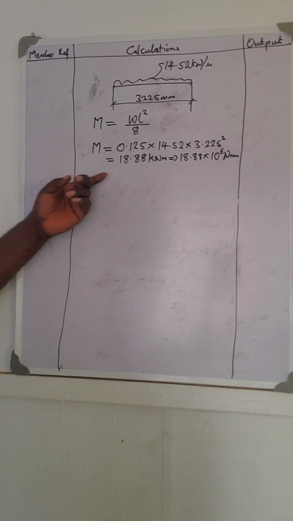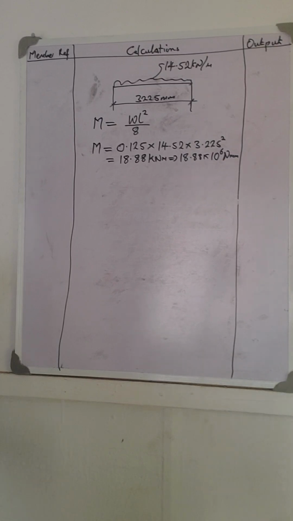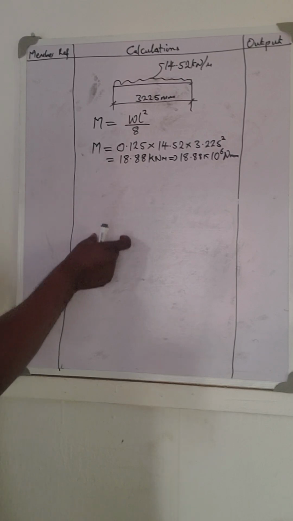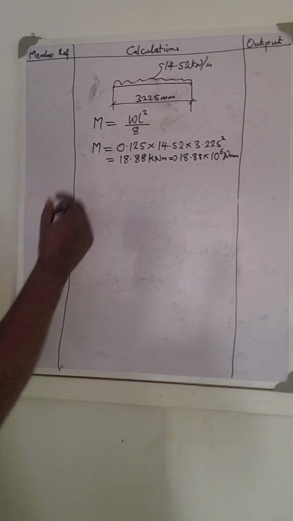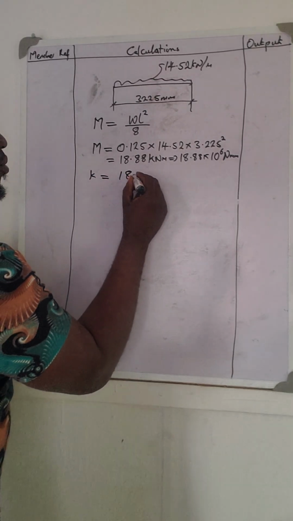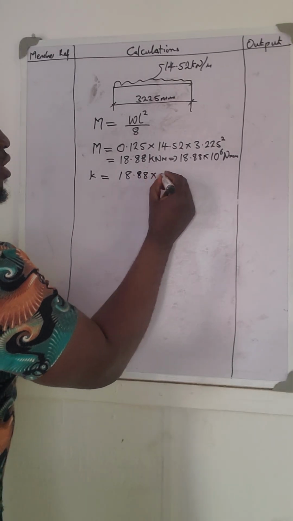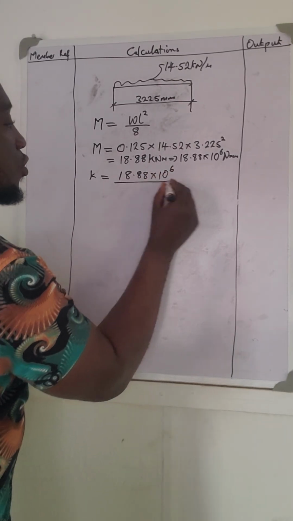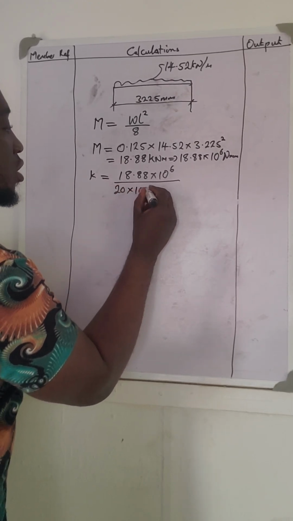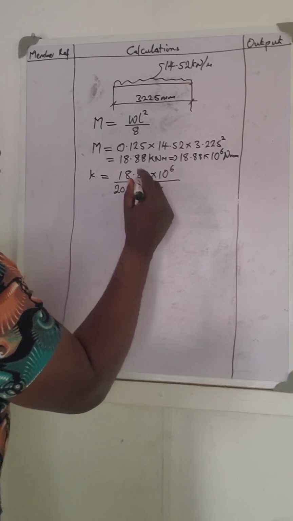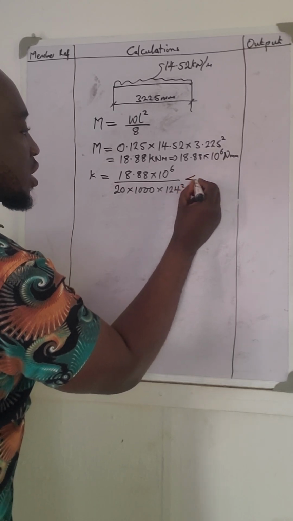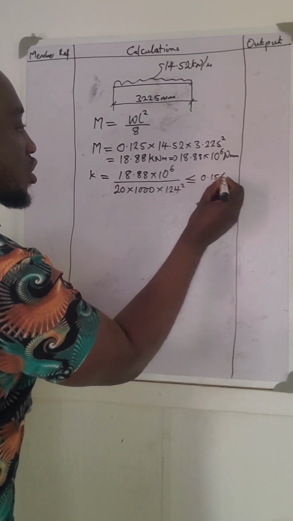The next step is to look for the value of our K. All right, after getting your moment, the next step is always the same as others. All right, now the next step is to get your K, the value for your K. The value for your K is 18.88 times 10 raised to power 6 over FCU, still the same thing, as 20 multiplied by 1000 multiplied by, this one is 124, our D square. This one is less than or equal to 0.156.